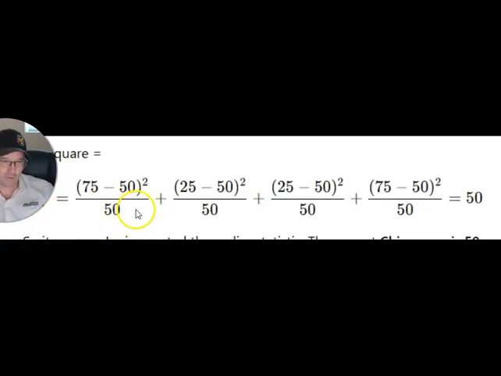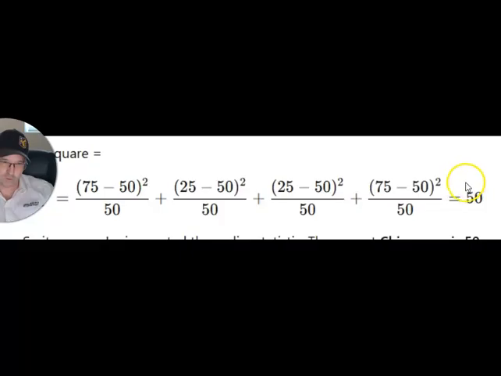In order to get the chi-squared, we're looking at each one of those: 75 minus 50 squared divided by 50, 25 minus 50 squared divided by 50, and then 25 minus 50 squared divided by 50, and the last one.